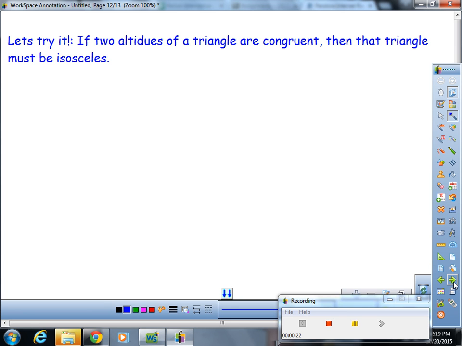If two altitudes of a triangle are congruent, then that triangle must be isosceles. Okay, well, what's widmapoi?